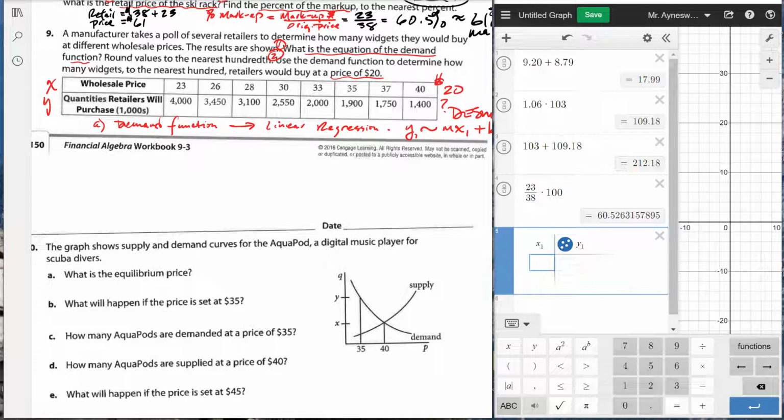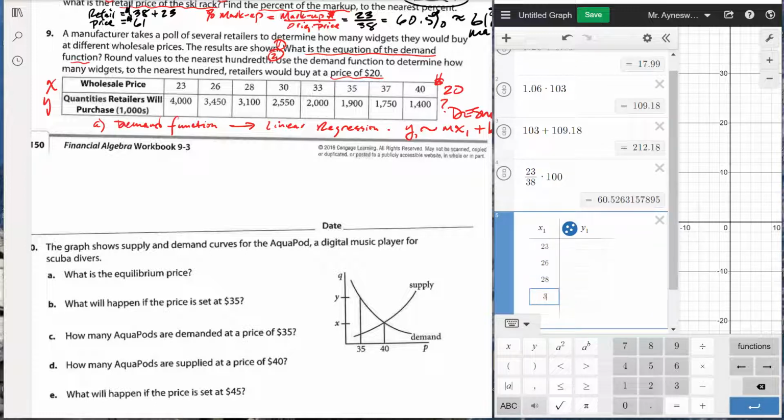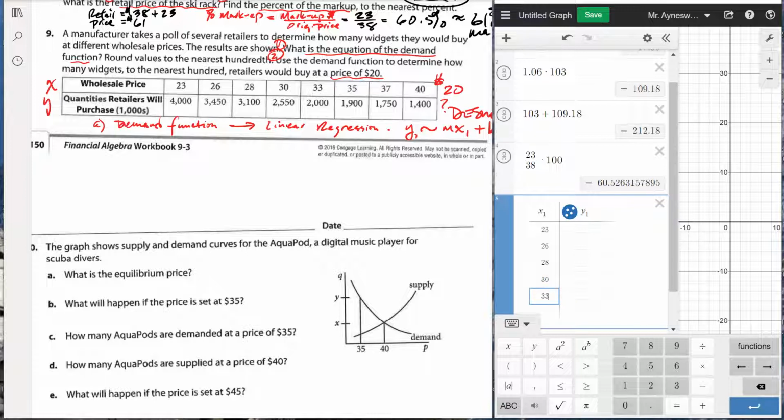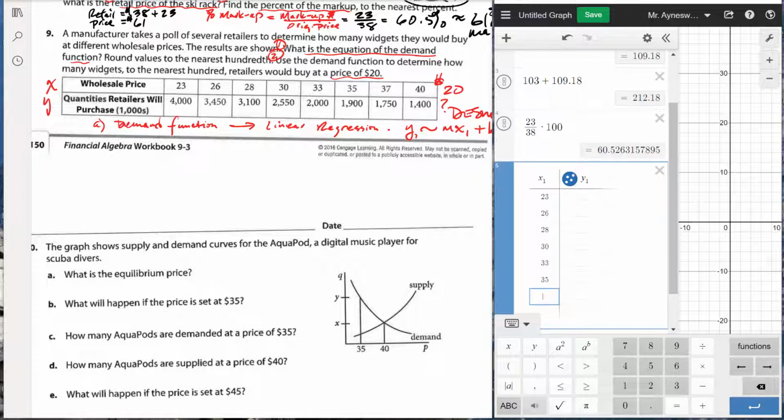So 23, 26, 28, 30. They don't all go by 2, so be careful here. So 28, 30, 33, 35. Just keep going, and then 37 and 40.